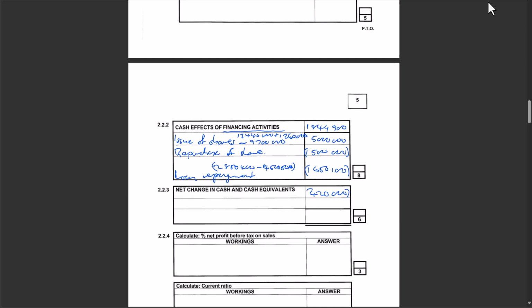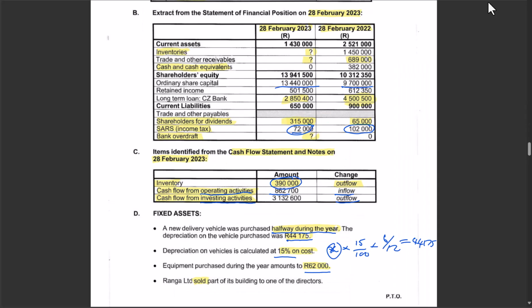Then you add the opening balance. Our opening balance is this one here. That's why they didn't give us the closing balance, because we're supposed to work it out.